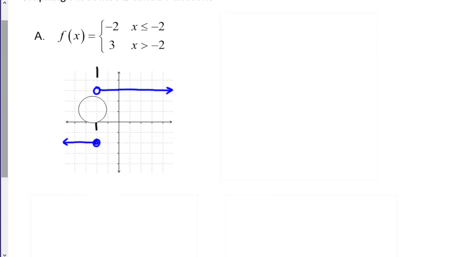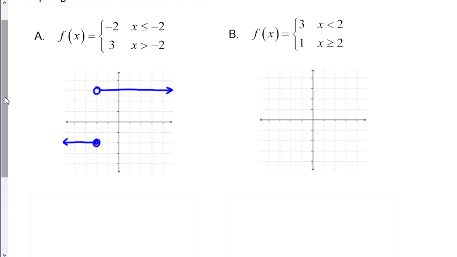All right, let's look at another example. This one's another relatively simple example, but I'm not going to draw my domains first. I'm just going to draw this, knowing that x equals 2 is kind of this breakpoint. The first part of my function is defined for positive 3.